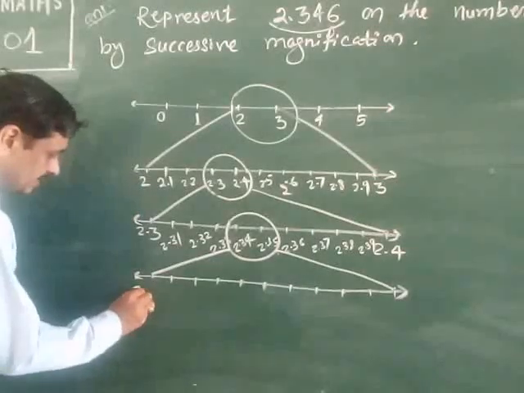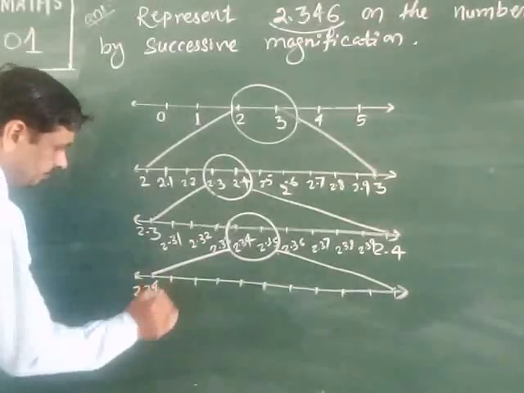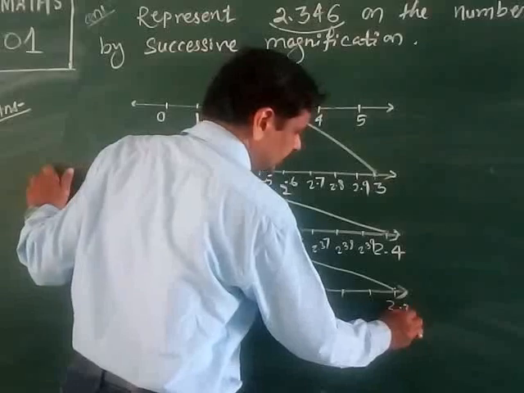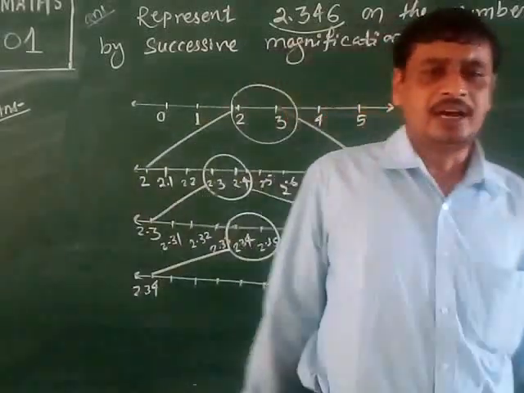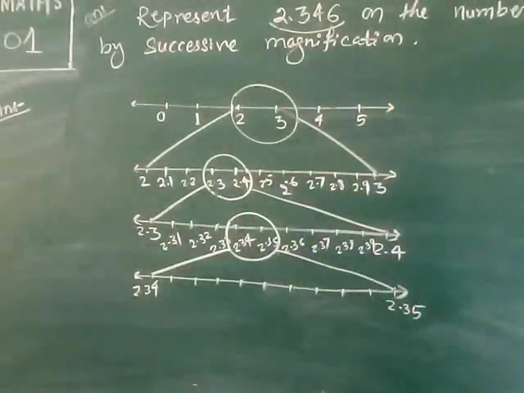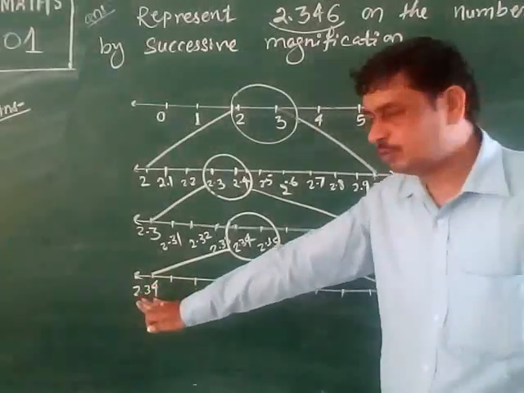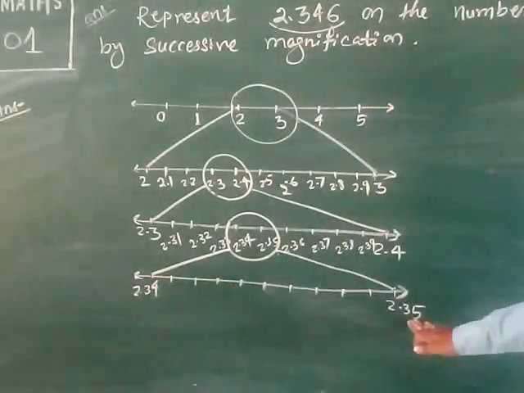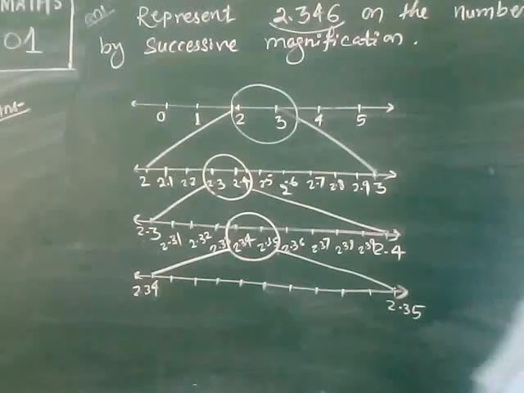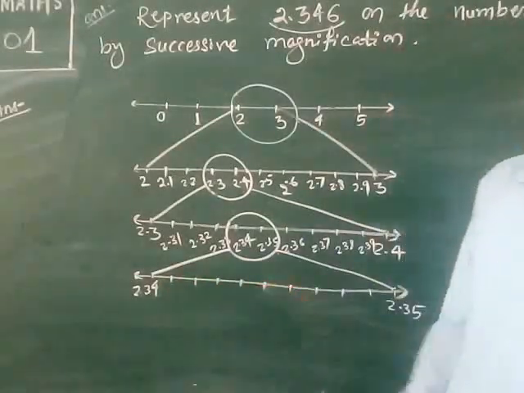Now we mention here 2.34 and 2.35. Now we will divide the line segment which extends from 2.34 to 2.35 into 10 equal parts.